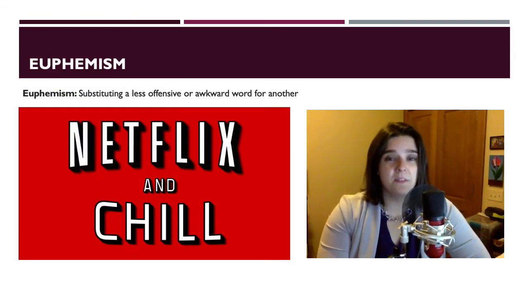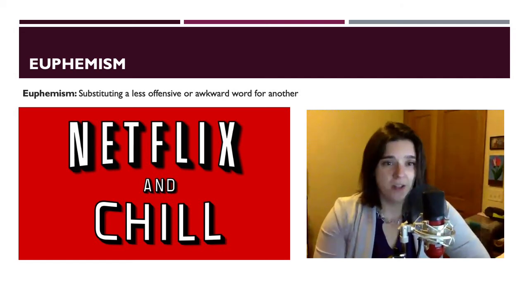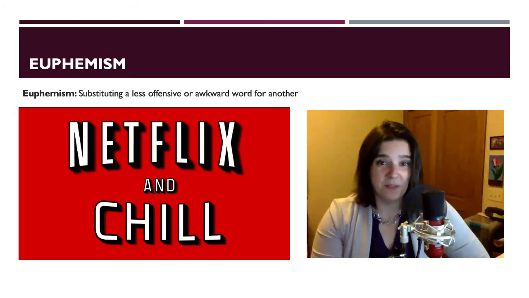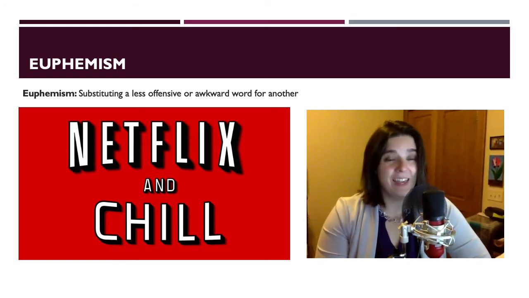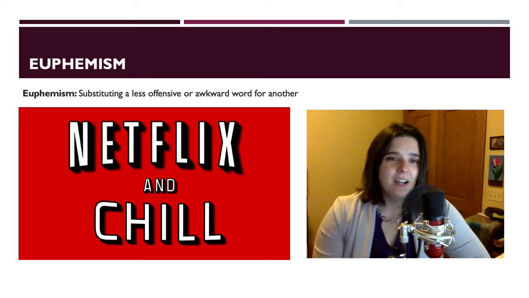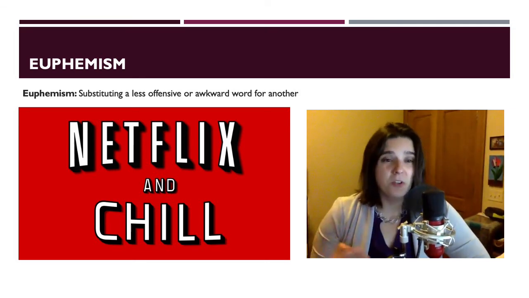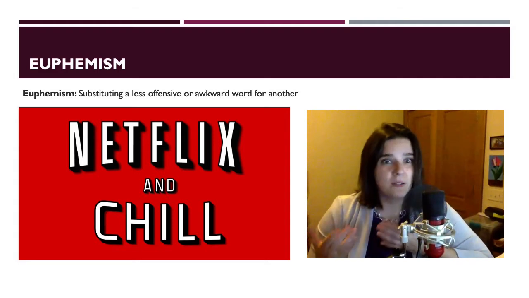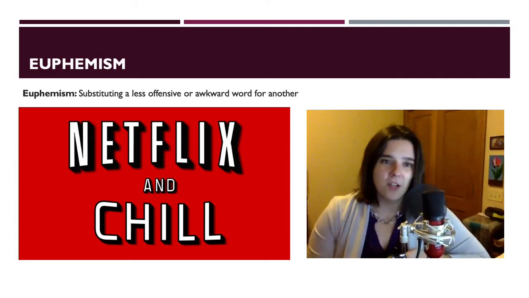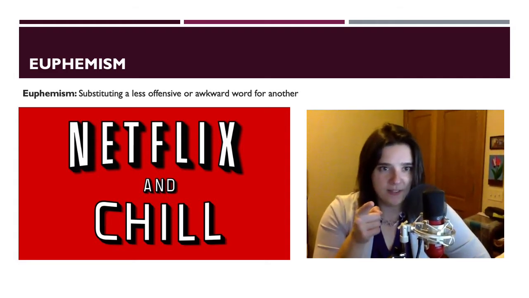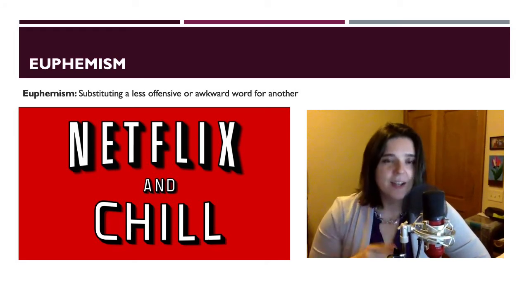A euphemism substitutes a less offensive or awkward word for another. Here we have a classic euphemism, Netflix and chill. We all know what this means. It's a euphemism for coming over and doing some sort of hooking up or other kind of sexual activity. Always get consent, affirmative consent.